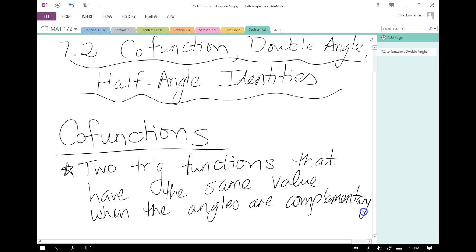So complementary means they add to 90 degrees. So x plus y equals 90 degrees.